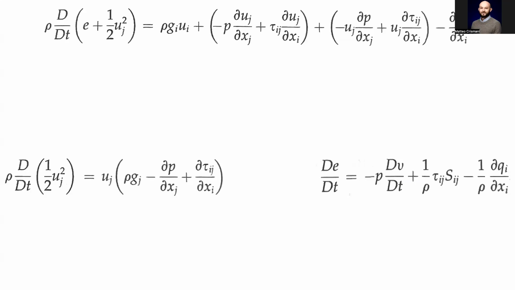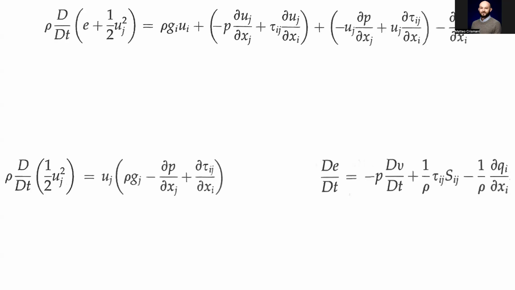The work done by the surface. Work done by a surface? You want this whole thing? No, just this piece. This one you want is work done by surface. Okay, surface forces.